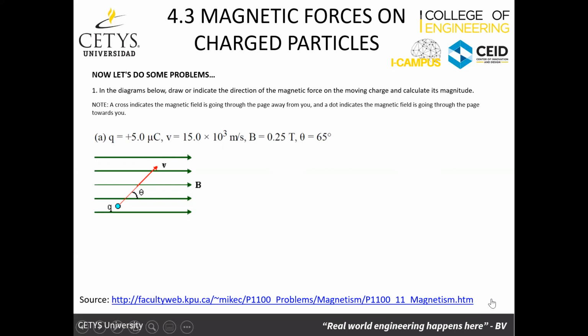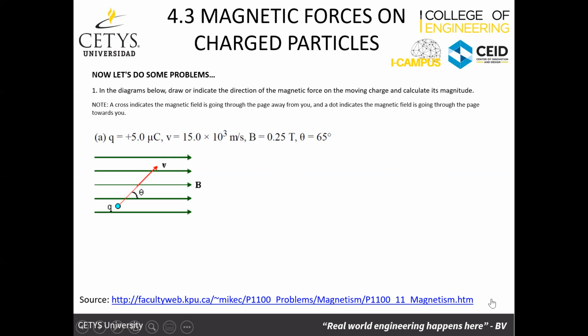So in the first case, and you can practice it there, the particle is going upwards. It's positive. I'm pointing my arm toward the arrow, and the magnetic field is going this way.